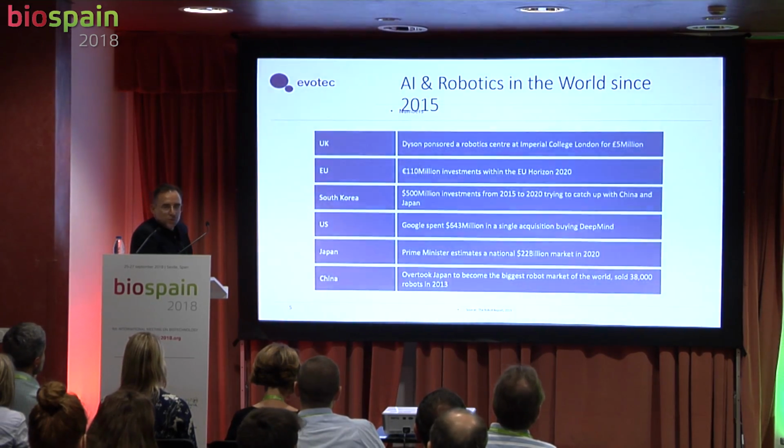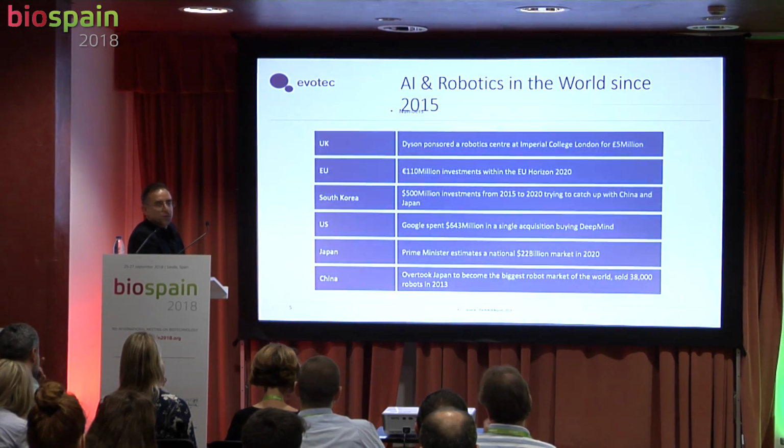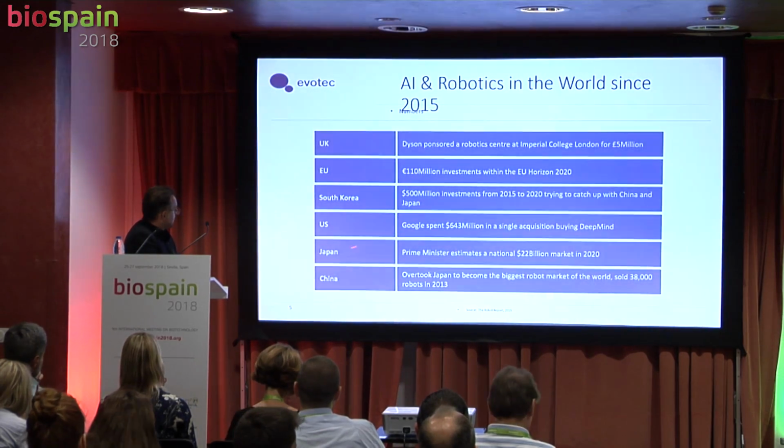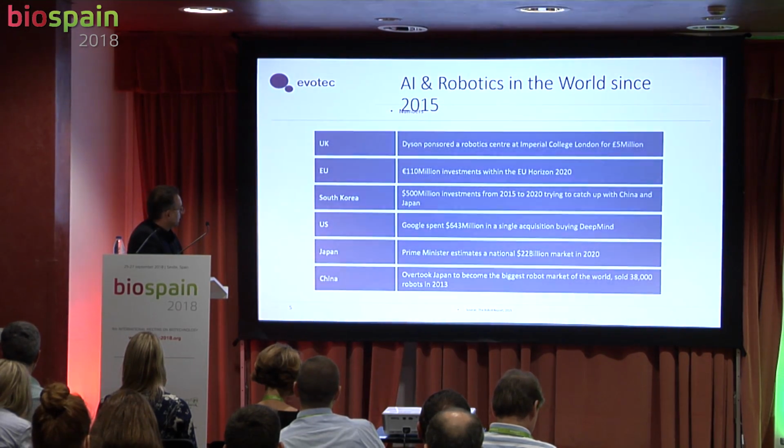I'm sure at least one of you has collaborated on one of these projects. South Korea, a very dynamic nation, $500 million investment from 2015 to 2020, and they want to catch up with China and Japan. Japan, 22 billion estimated for the market in 2020.